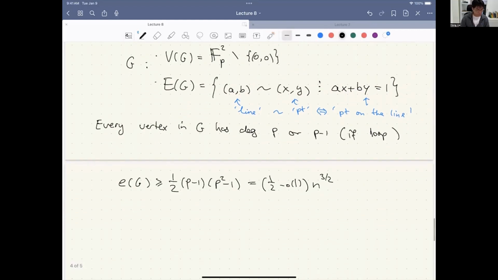That's the reason. Take two distinct vertices, let's say (A_i, B_i), where i is either 1 or 2.